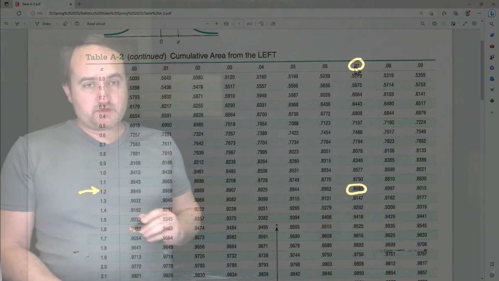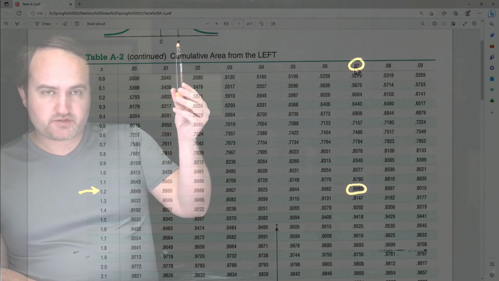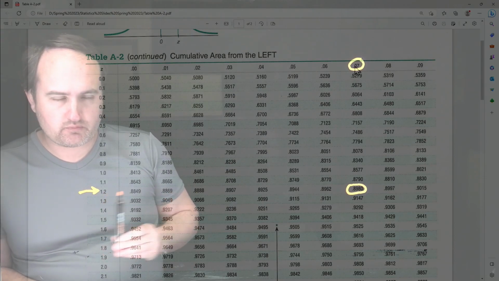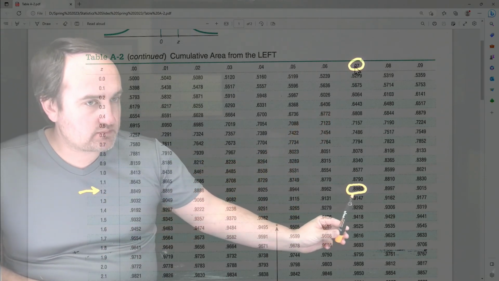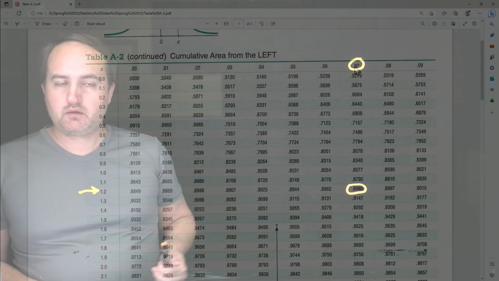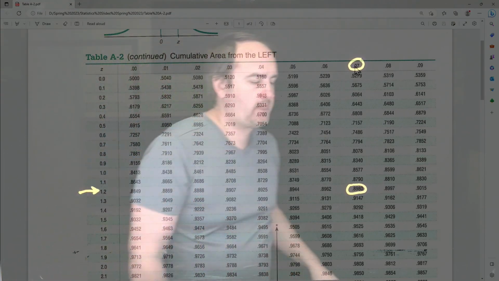Because they asked us to just find the area to the left of that z-score, we were able to just look up the row and the column, and this number, 0.8980, represents the actual area or probability of being to the left of that z-score.